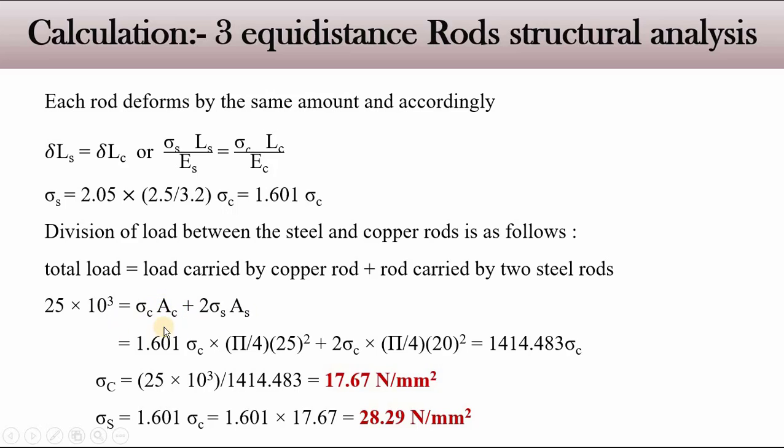Solving this relation using the area and sigma S value, we calculate sigma C. So sigma C is 17.67 Newton per mm square, and sigma S, meaning steel, is 28.29.